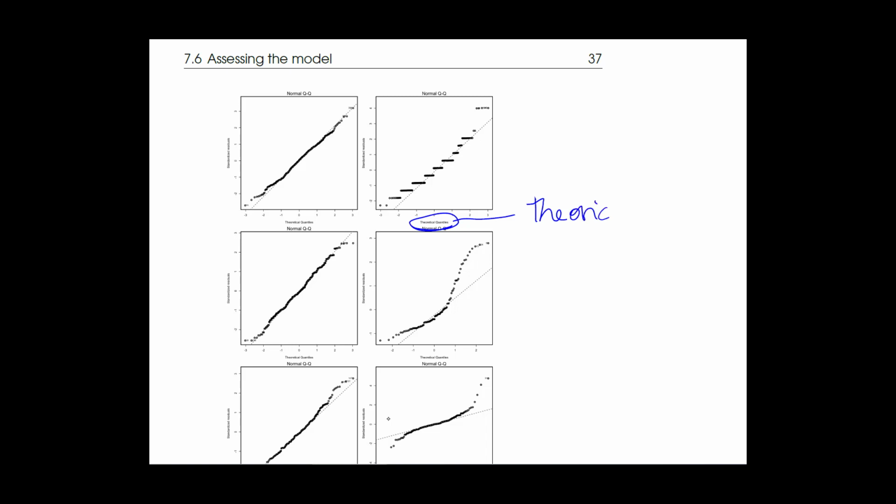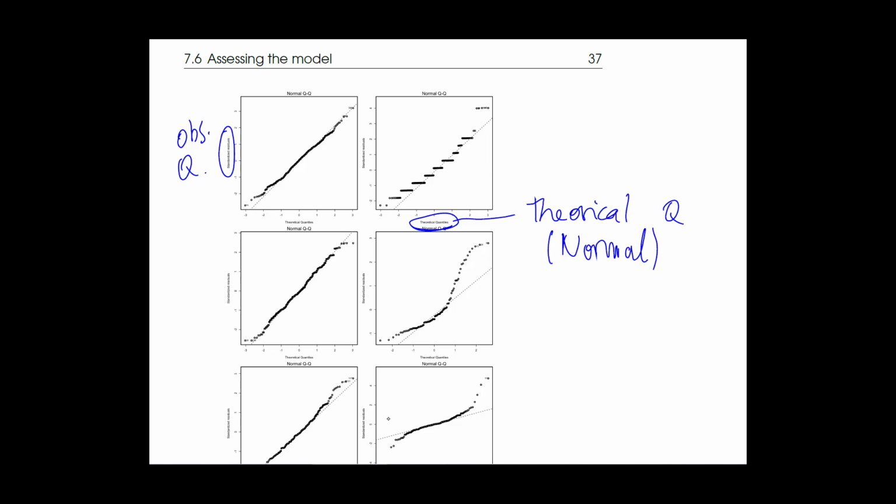Theoretical quantiles or percentiles versus the observed, from your model. The theoretical come from the normal distribution, because this is the plot we use to check normality.